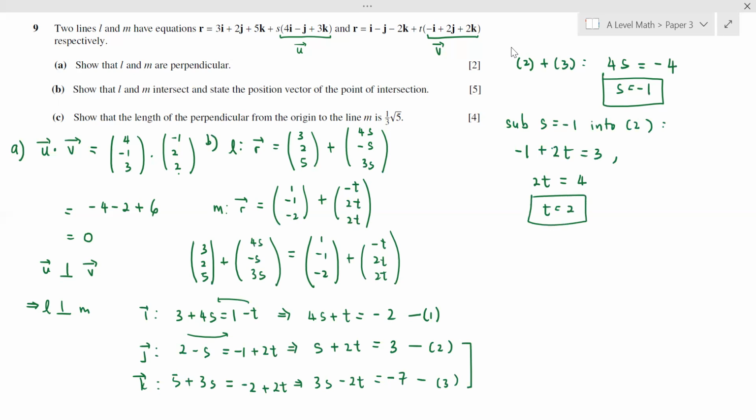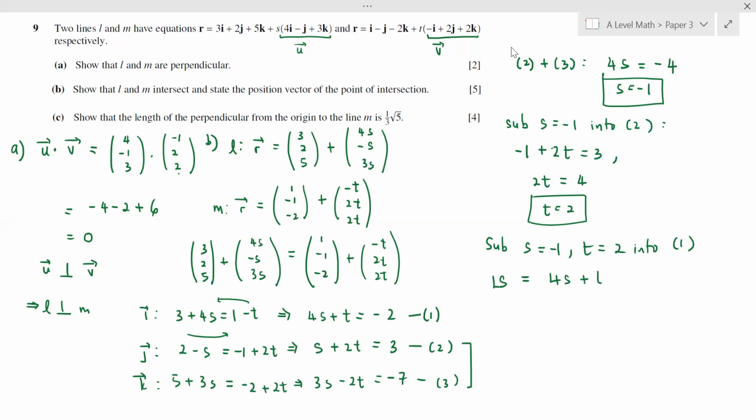We have values of s and t. If this value gives a consistent solution to equation number 1, then we know that the two lines intersect. Otherwise, they do not intersect. So to check that these are consistent values, we can sub s = -1 and t = 2 into equation number 1. We look at the left side of equation number 1.